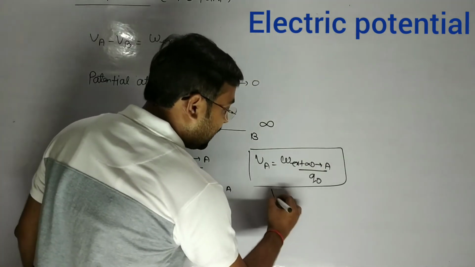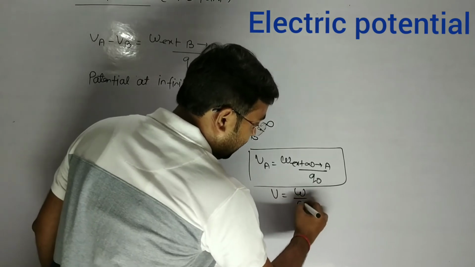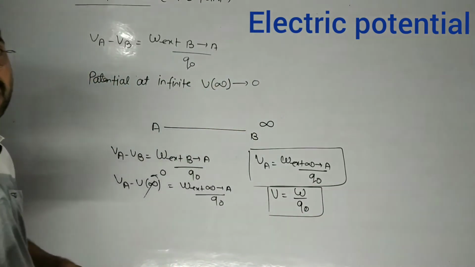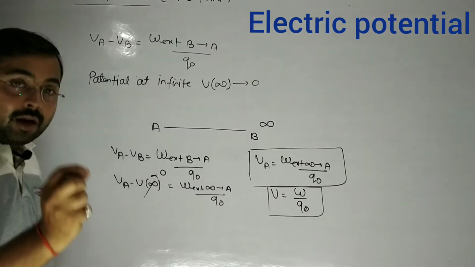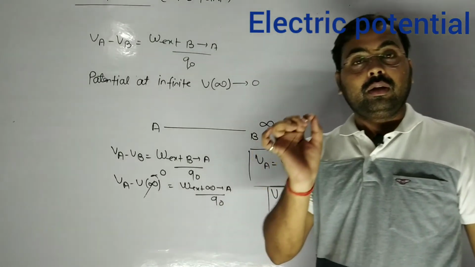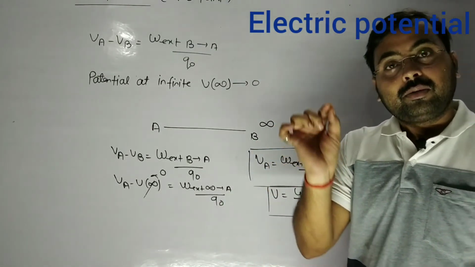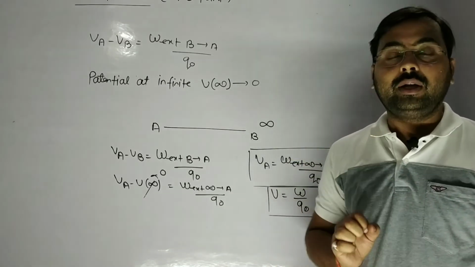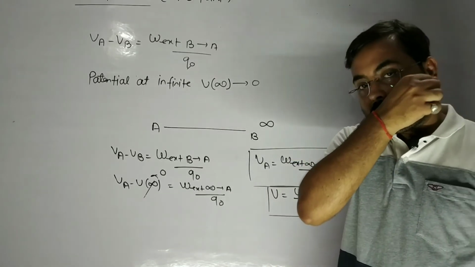This is also written as V equals W upon Q naught. The work done by an external agent in bringing a charge from infinity to a point in the field is called electric potential.